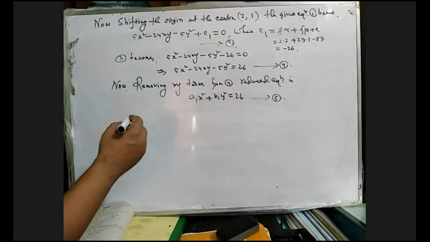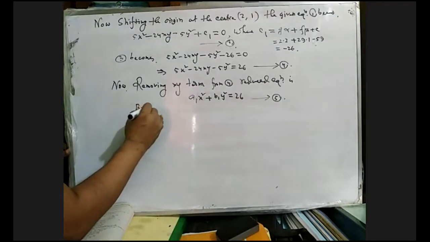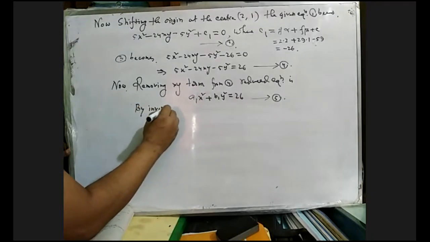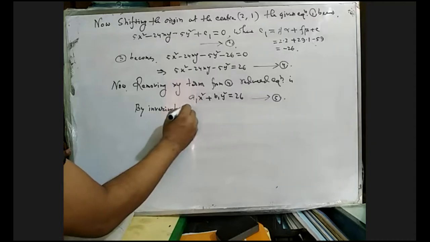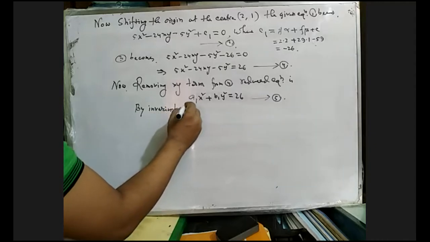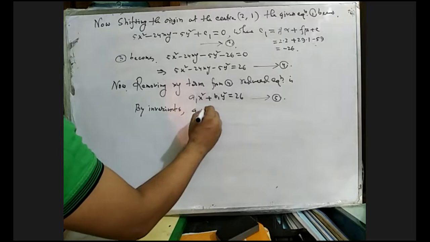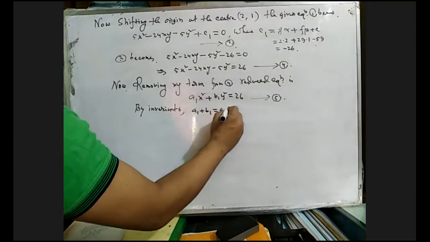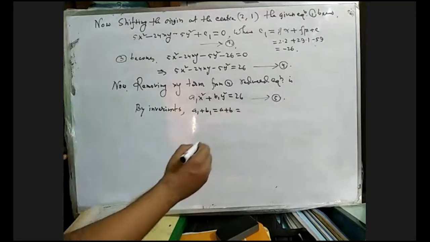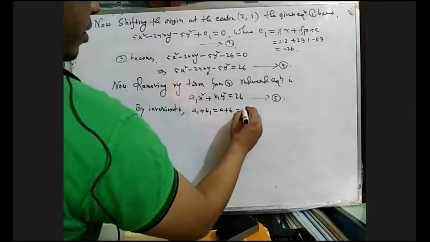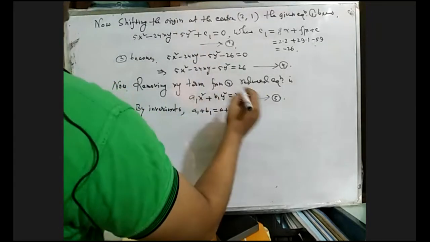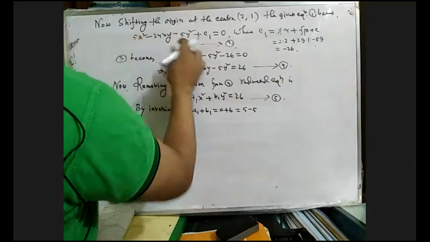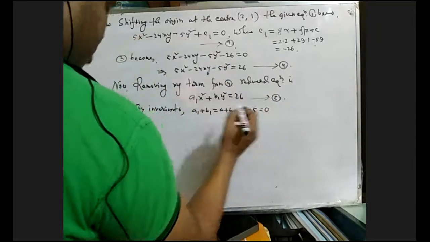So by invariance property, a1 plus b1 equals to what will be? A plus b. This a plus b means what? 5 minus 5 from our standard x square coefficient and y square coefficient. This will be 0.